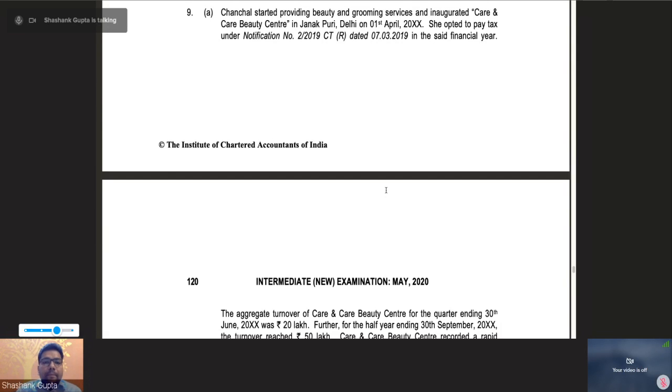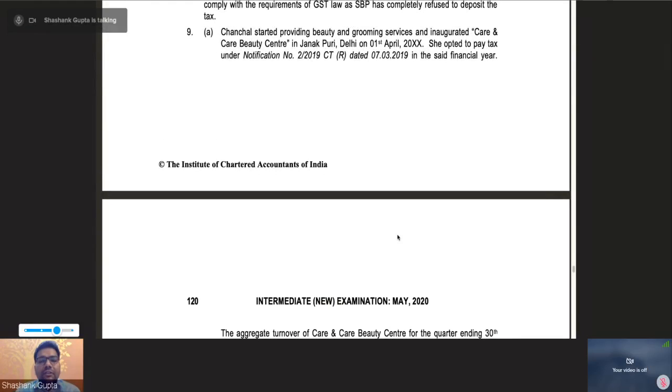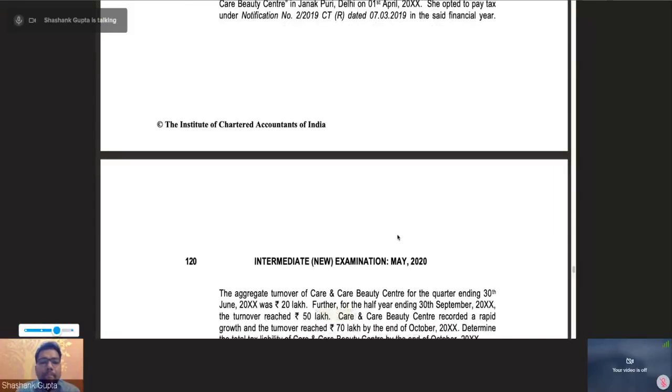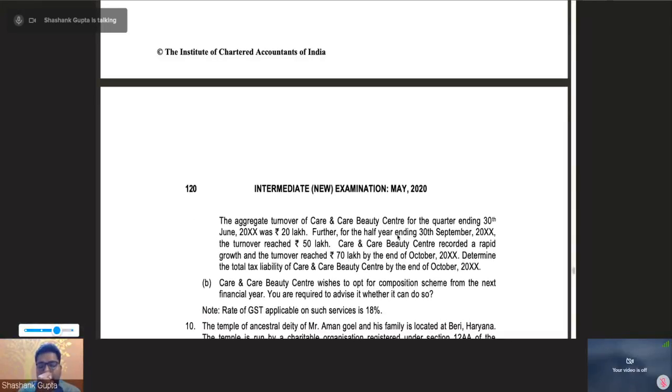So, here Miss Chanchal has started a new business, and she wants to opt for the option available under notification number 2/2019. The aggregate turnover of Care and Care Beauty Center for the quarter ending 30th June was rupees 20 lakh. Further, for the half year ending 30th September, the turnover reached 50 lakh.